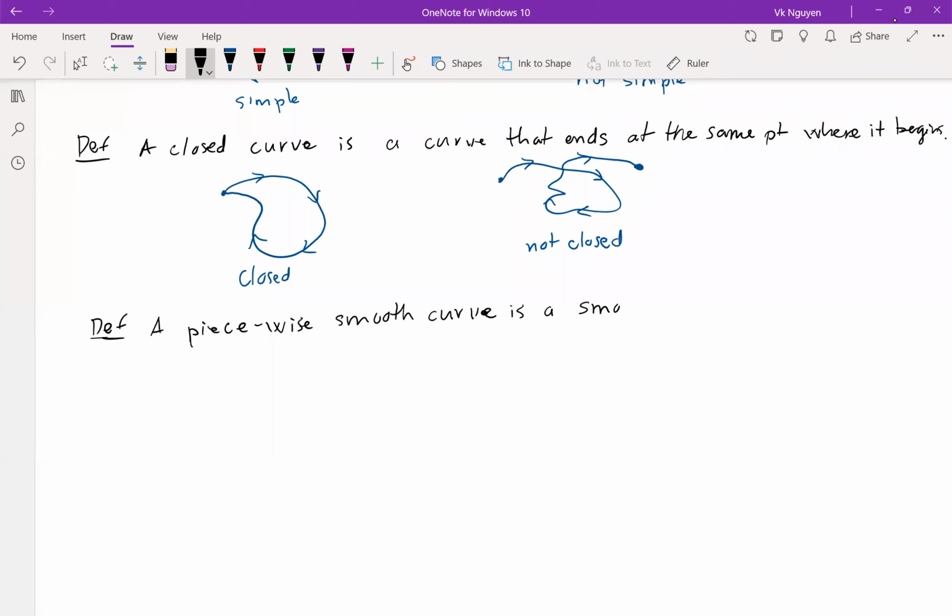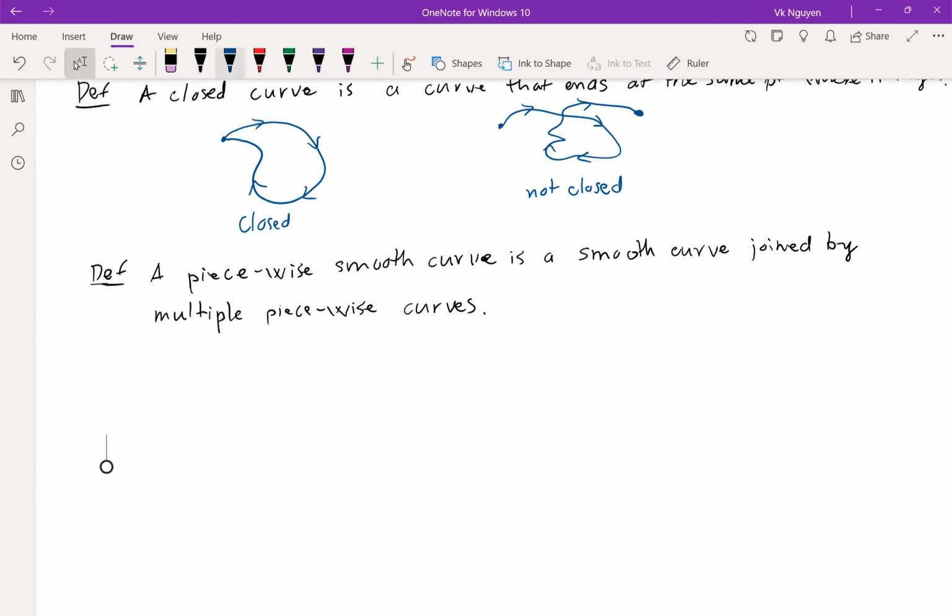It's a smooth curve joined by multiple piecewise curves. A piecewise smooth curve is something like this.